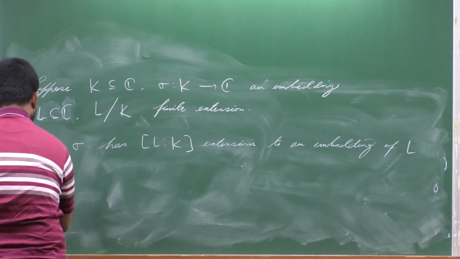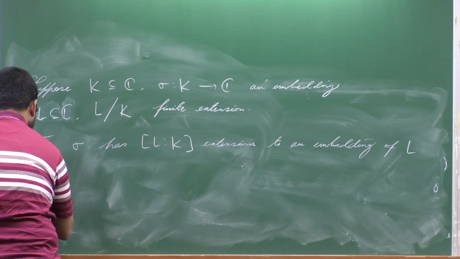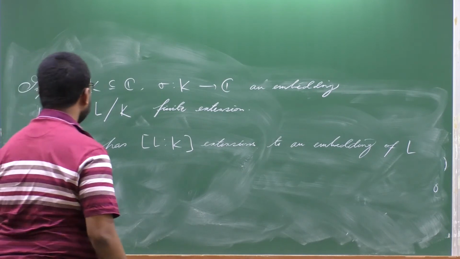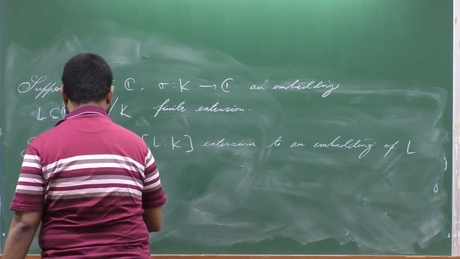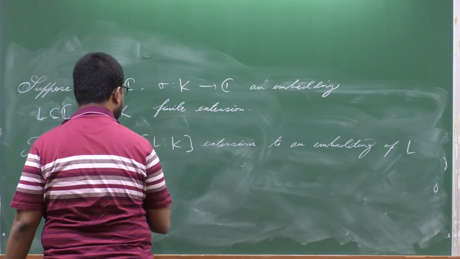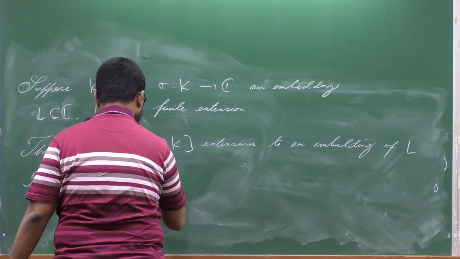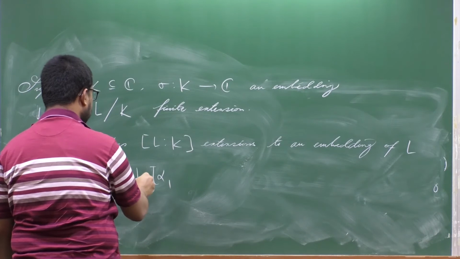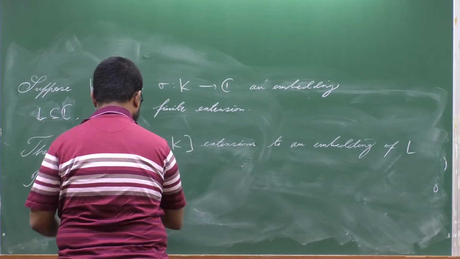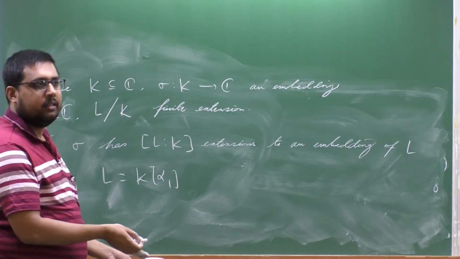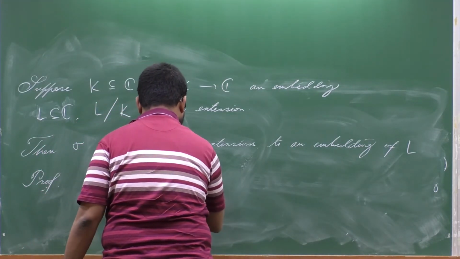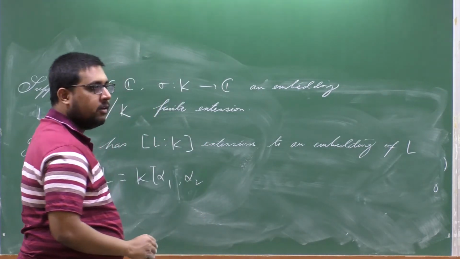Why so? The proof is by induction. Since L is a finite extension, we first join an element outside K. If this is equal to L, then we are done. Otherwise, we take another element from the outside.